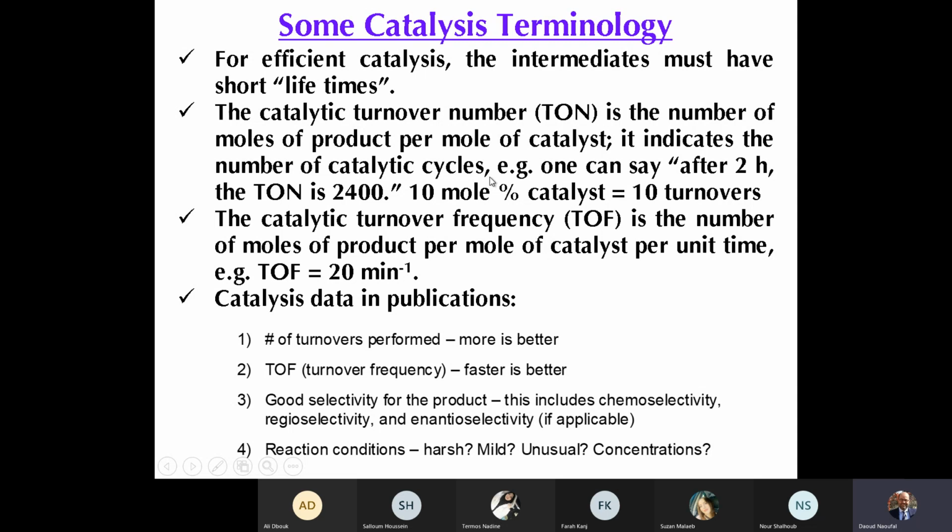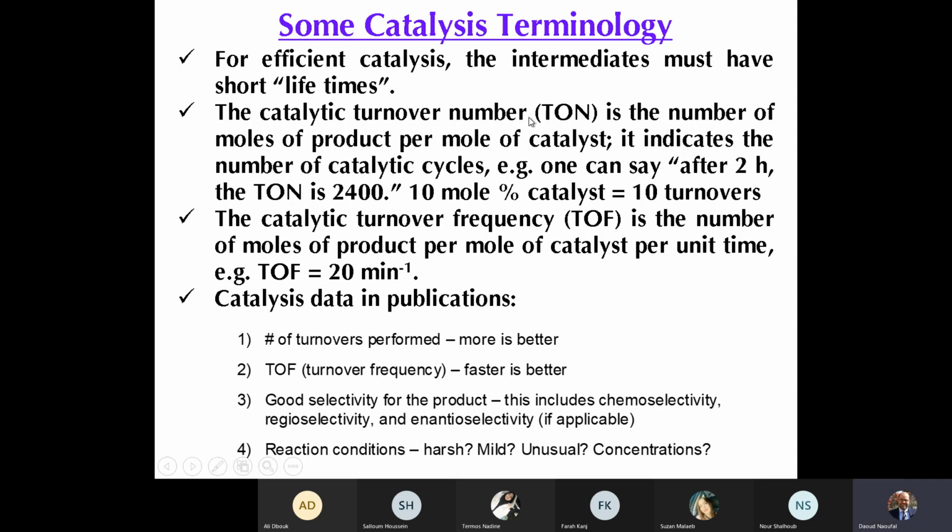So these are definitions. The catalytic turnover frequency, which is the TOF, is the number of moles of product per mole of catalyst per unit time. To note that as TON is higher, that means your catalyst is very efficient.